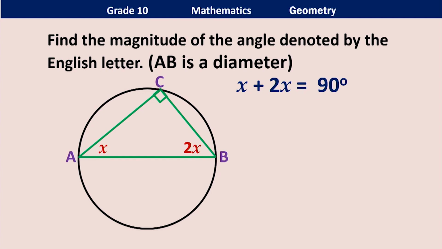Once again, this is a simple equation. So, I can simplify this and get the value of x. x plus 2x becomes 3x. 3x is equal to 90 degrees. So, to get the value of x, I can divide both sides by 3. Therefore, the value of x is 30 degrees.